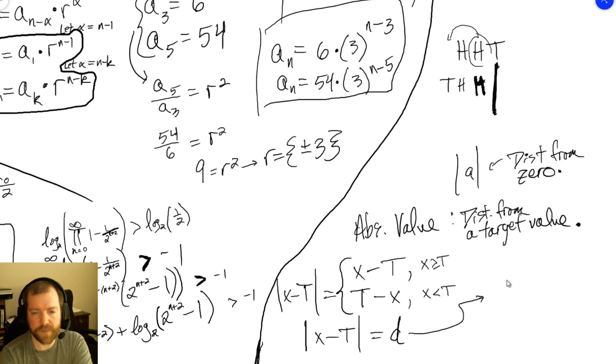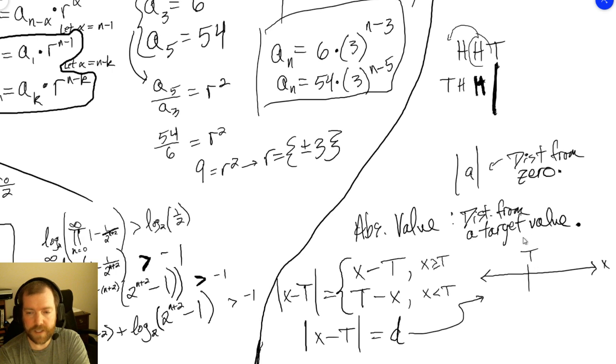Okay, well, this means that I have a particular target value t that is on a number line. My x value, I have no idea where it is. It's my variable. The t value is a constant, and the d value is a constant. Again, the distance is exactly d that our x is away from t.